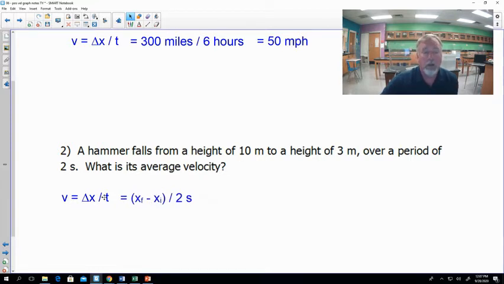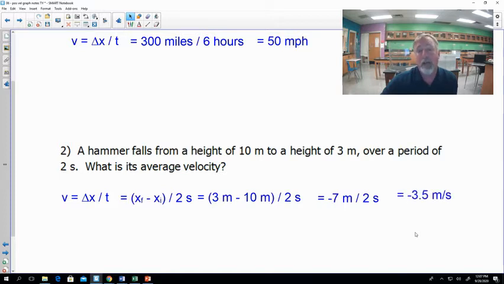We plug in our t, which is 2 seconds. Now let's plug in our values for x final and x initial. Our final height was 3, our initial height was 10. So 3 meters minus 10 meters on the top, and we still have 2 seconds on the bottom. Plug that in and you end up with -7 meters on the top, 2 seconds on the bottom. So our velocity is -3.5 meters per second.